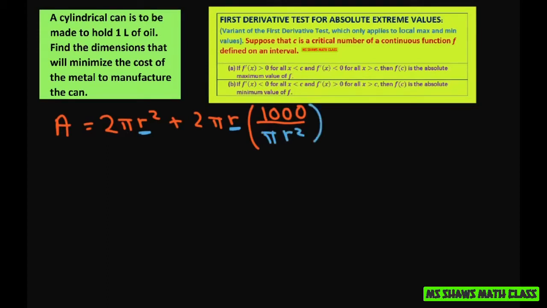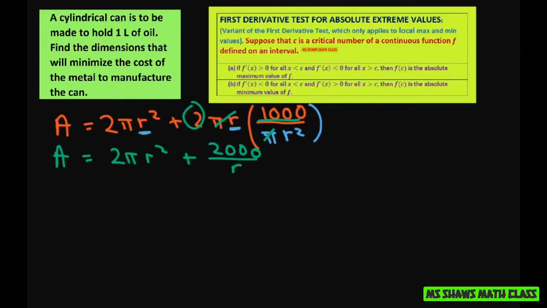Now these two will cancel, you'll just have an r underneath, and then 2 times 1,000. So our area is going to be 2 pi r squared plus 2,000 divided by r.